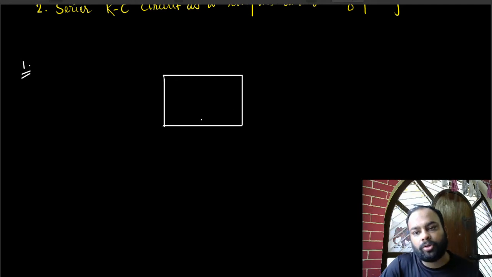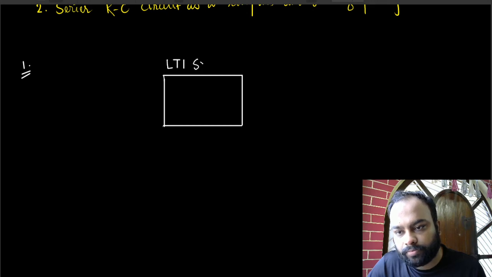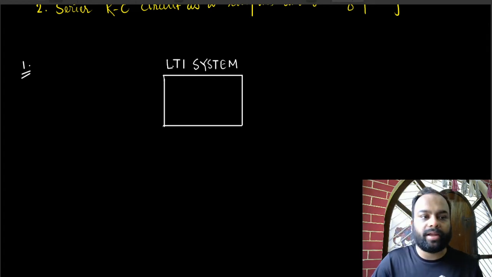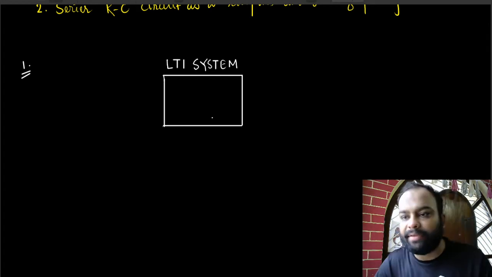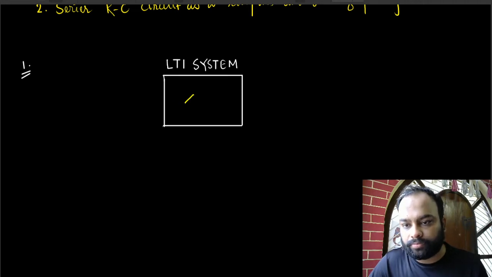All right, so that's the box representing an LTI system. LTI stands for linear and time invariant. So it's a linear time invariant system. And this system has an impulse response of h(t).